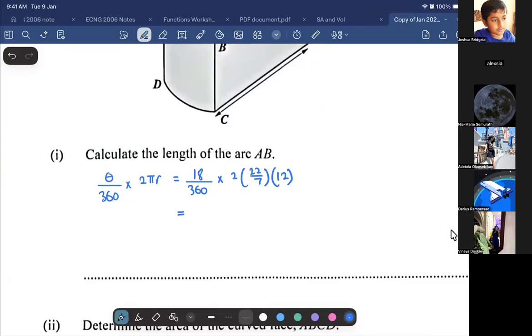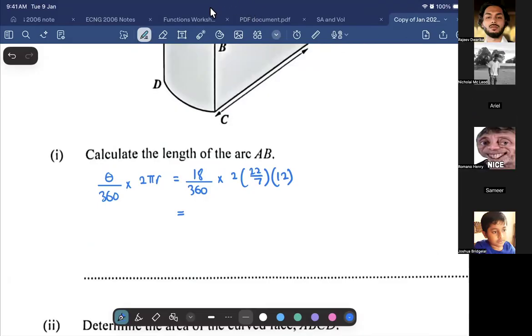Chloe, I must say, you're impressing me. Big up to you. Because I know you're in Form 4, aren't you? Chloe? I'm not sure if Chloe's still here. I think Chloe left.